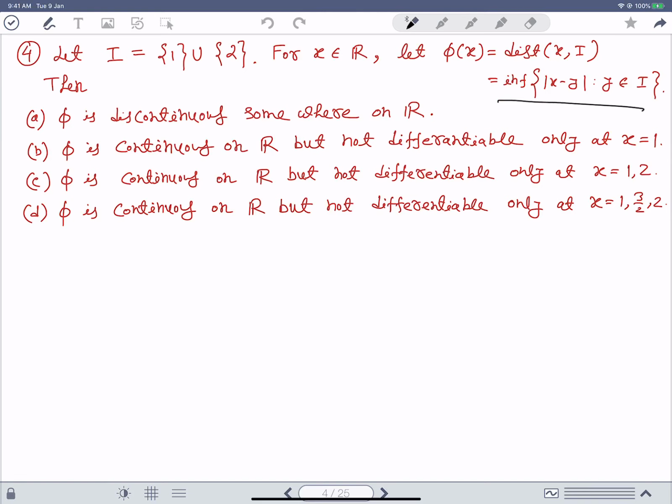Now, they ask: first, phi is discontinuous at some point on R. The second one says phi is continuous, but not differentiable at x equal to 1 only. The third one says it is continuous, but not differentiable at x equal to 1 and 2, and the fourth one says phi is continuous, but not differentiable only at x equal to 1, 2 and 3 by 2.